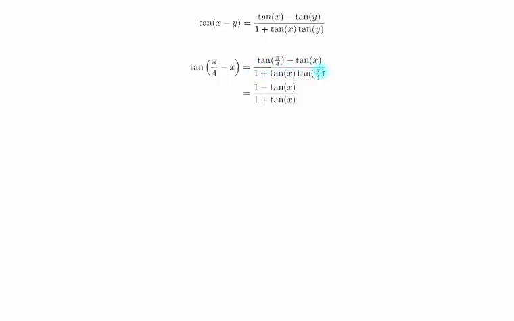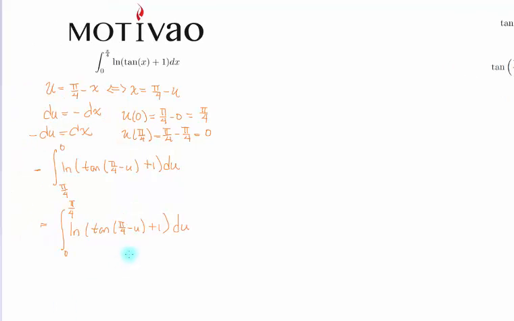But what value is tangent of pi over 4? The sine of pi over 4 is square root of 2 over 2, and the cosine of pi over 4 is the same thing. So they're dividing the same thing, so it's just 1. So this is equal to 1 minus tangent of x over 1 plus tangent of x, which is what we're going to use for this substitution.